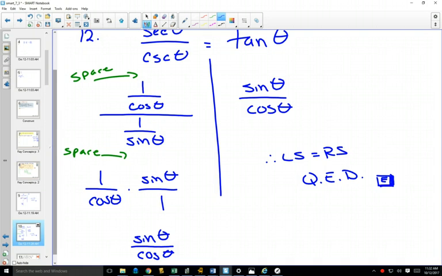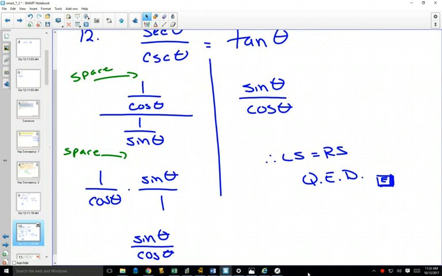Do you actually have to do the symbol? If you don't write the symbol, you have to write that the left side is equal to the right side to show that you know that you've proven it. They are not going to take off final marks on your exam if you don't have Latin or you don't have a symbol. But in my opinion, this just makes it nice, makes it pretty. Makes it official. It's kind of fun.